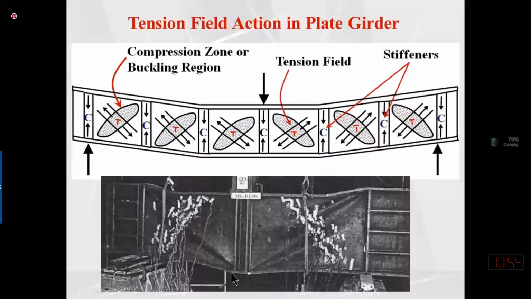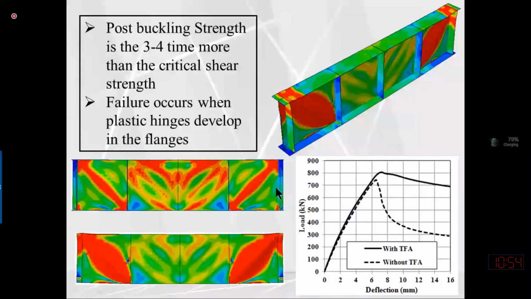So here is a diagram from a numerical study on computer software. We have determined the ultimate load carrying capacity of two plate girders. In one plate girder, we have used intermediate stiffeners, maybe 1, 2, and 3, along with the stiffeners at the end, which are the bearing stiffeners.